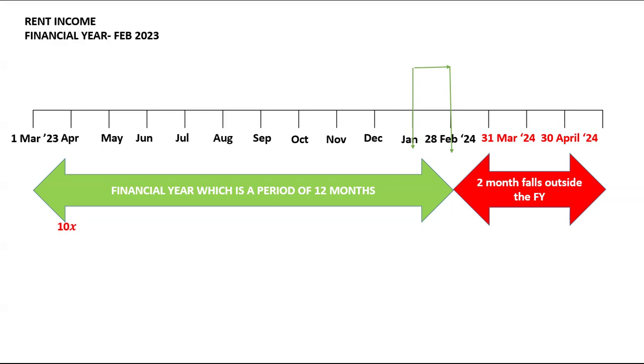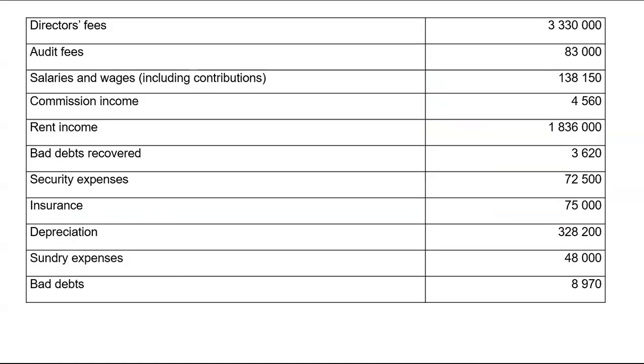So it was X minus 13,500 for 4 months, which will give you total rent income, which is in the trial balance. And your rent income, according to the trial balance, is 1,836,000.